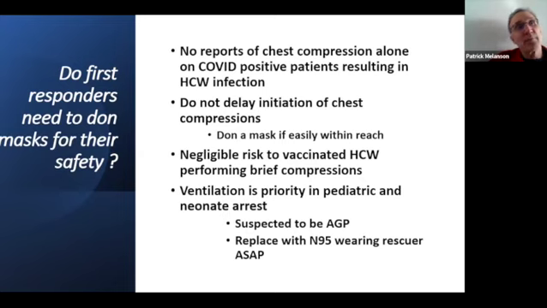There's a difference between a primary arrhythmogenic arrest, in which case you generally had a normal oxygenation status for the patient just before the arrhythmia started, and therefore you have a reserve of oxygen for minutes at least afterwards, versus somebody like a kid or somebody with COVID whose most likely reason for the arrest is going to be asphyxial or hypoxemic. In that case, your ventilation should be given a much higher priority than in the arrhythmogenic arrest.